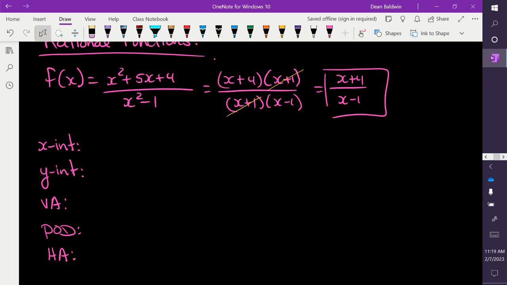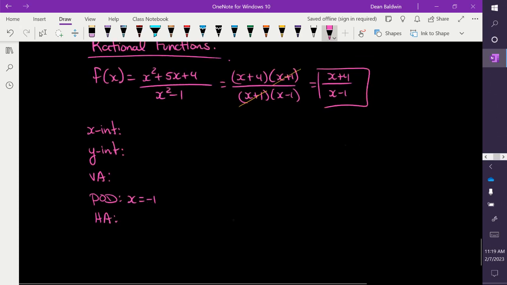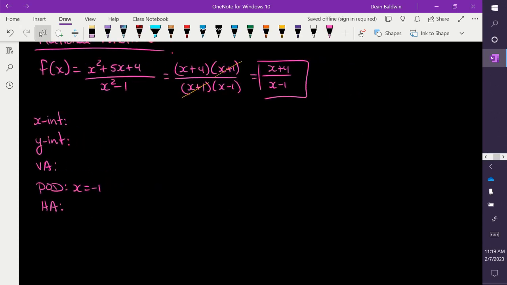All right. Whatever cancels is a POD, point of discontinuity. So the point of discontinuity occurs at x equals -1. Correct? Right? Is this coming back from Math 12?